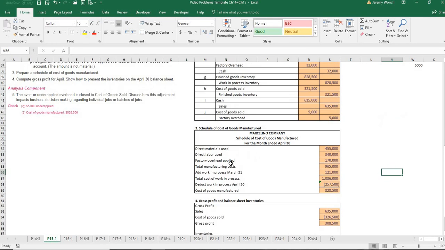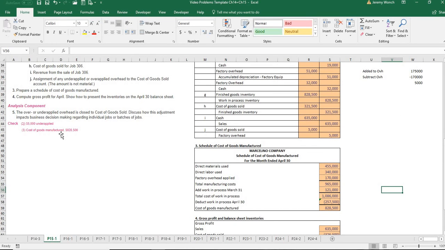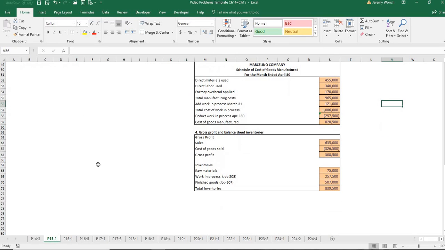And so in the next section, it just wants us to prepare the inventory section of the balance sheet. It asks us to calculate gross profit. It told us we had our sales. We just sold that one. We sold job 306 for 635,000.